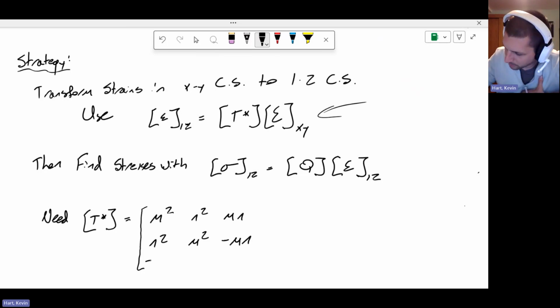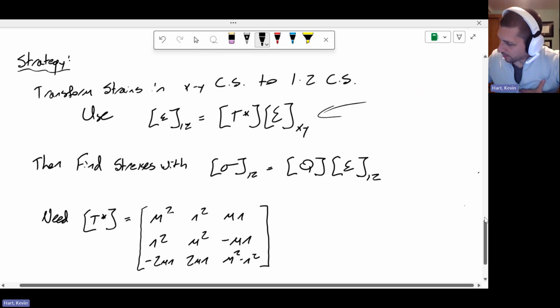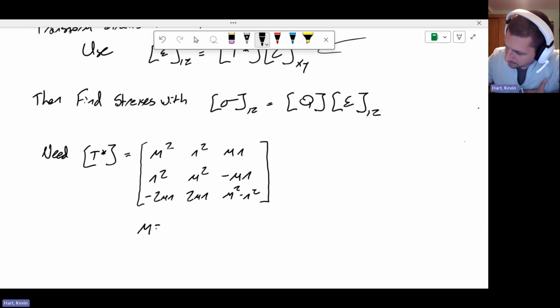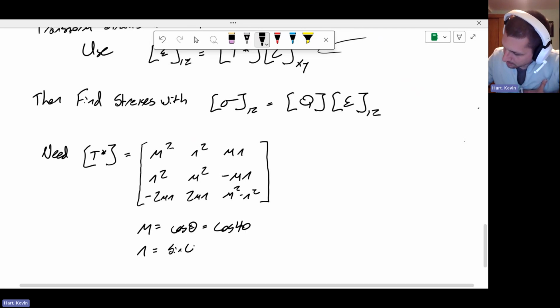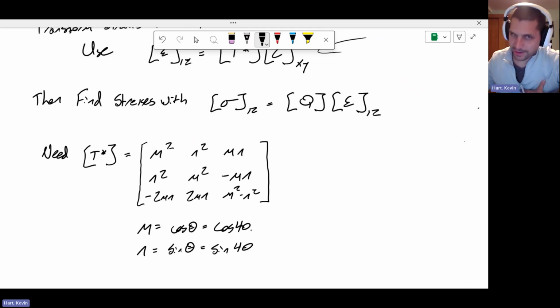And we have negative 2mn, 2mn, and m squared minus n squared, where m is cosine theta, for us cosine 40 degrees, and n is sine theta, sine 40 degrees. Make sure your calculator's in degrees, not radians. That's a common mistake.